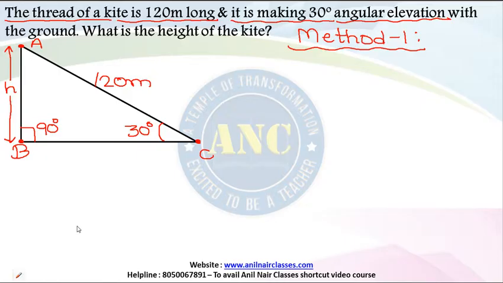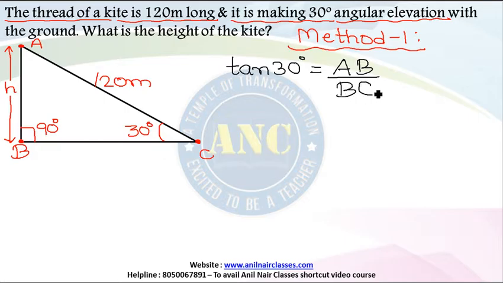Method 1 says the angle of elevation is 30 degrees. Apply tangent of that angle. Tan 30 is opposite by adjacent. The opposite side is H, which is AB. The adjacent side is BC, but I don't know the value of BC. Which trigonometric function should you usually apply?